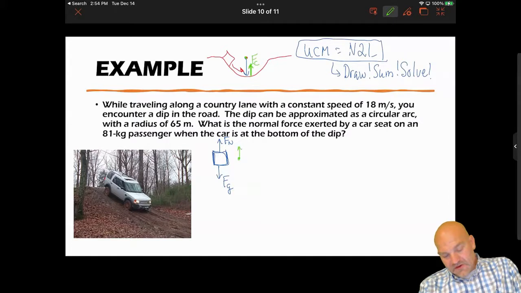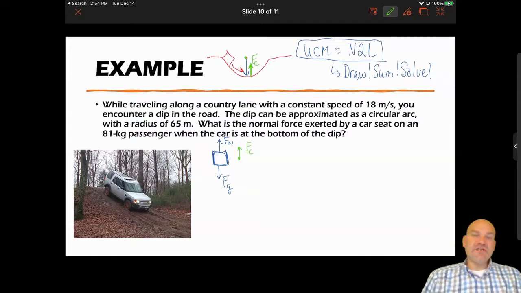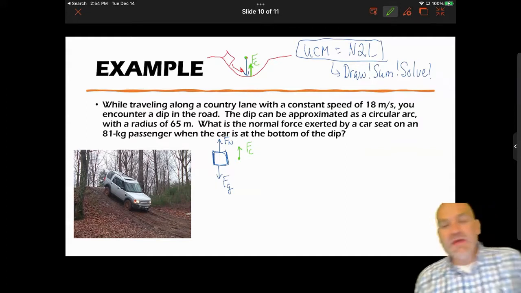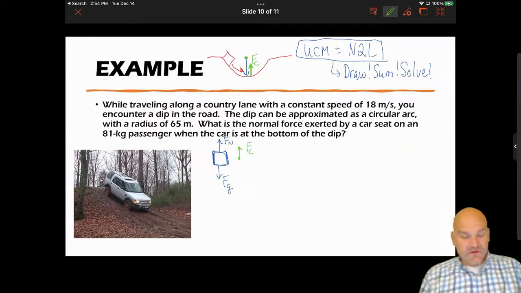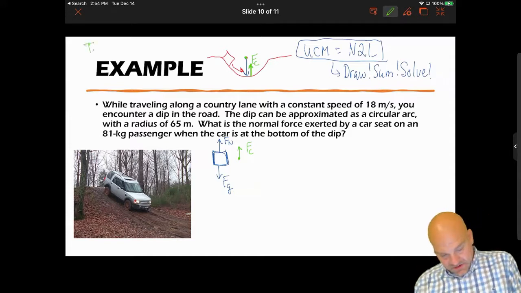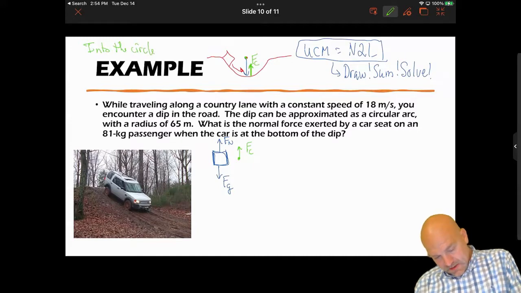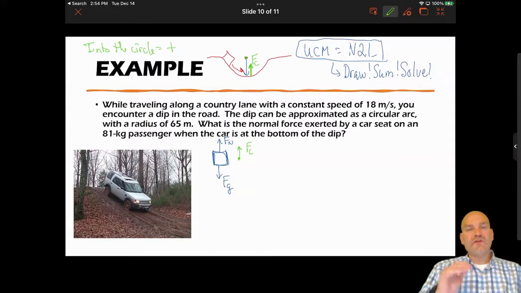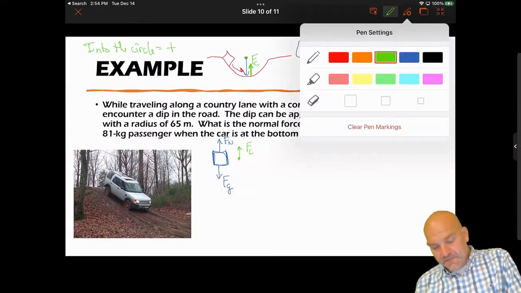So I'm going to draw it over here to the side. And generally, you're going to choose the positive direction to be in the circular direction, or into the circle. Into the circle equals positive, whether it's at the top of the loop or the bottom of the loop or wherever. Into the circle will always be the positive direction. Okay, so there's our draw step.